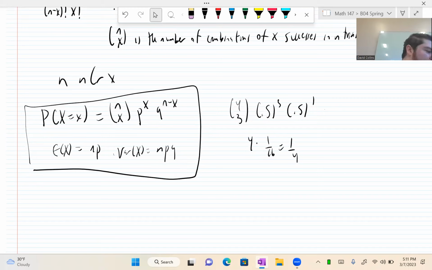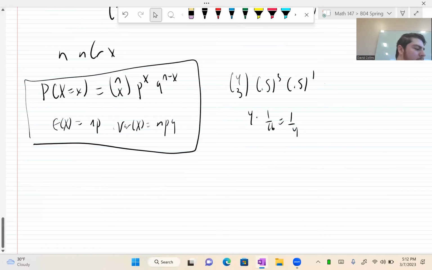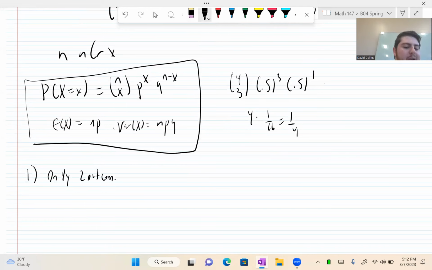There are 3 conditions you need to do this. 1, you need only 2 outcomes, because each event is a Bernoulli trial. 2, well, you need some probability. 3, it's called the 10% condition.